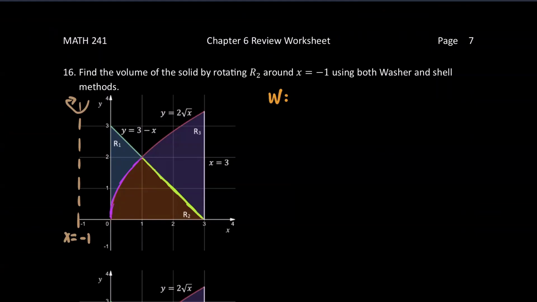And since the axis of rotation is parallel to the y-axis, we do it in terms of y. Okay, and throughout the entire region, the green function is further away from the axis of rotation, and the pink function is closer to the axis of rotation, right?